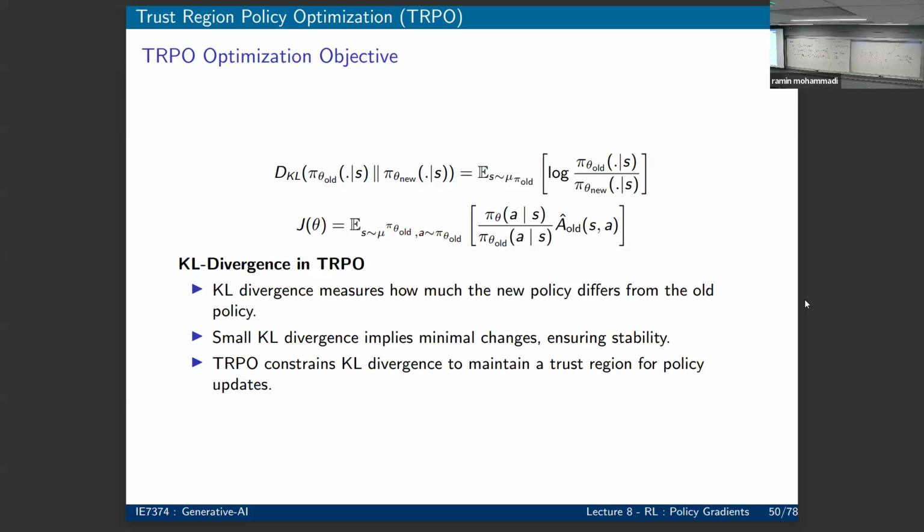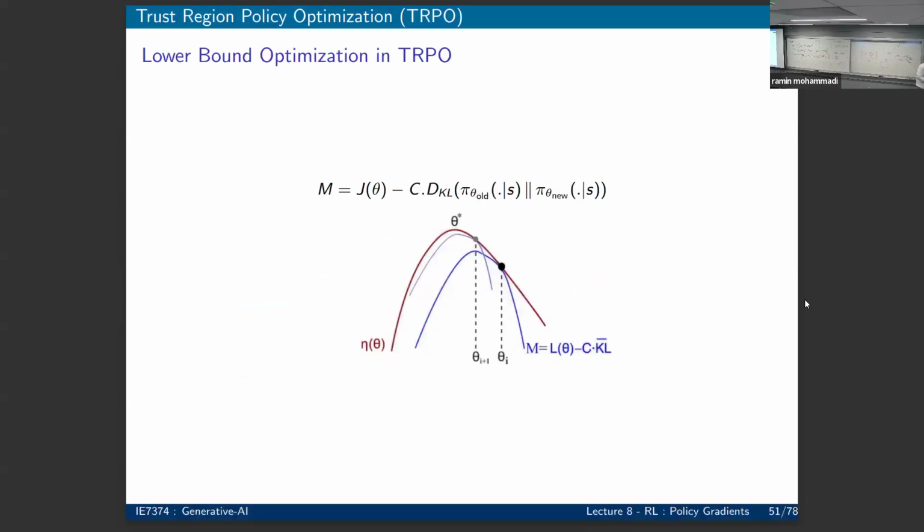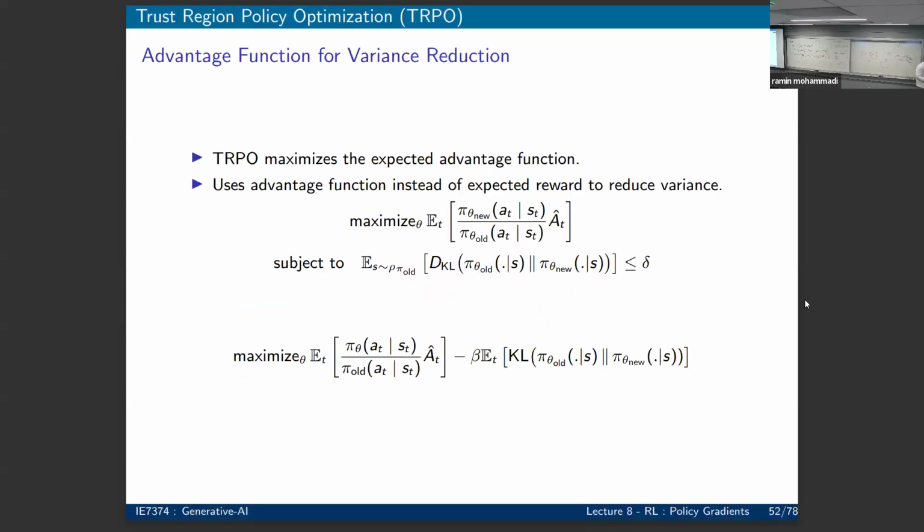How we do that is, if you think about what you have probably seen in min-max optimization, you define a max. Our goal was to do maximization, so we want to maximize this expected value, subject to the KL divergence being less than a certain value. Okay, so now let's see what that means.